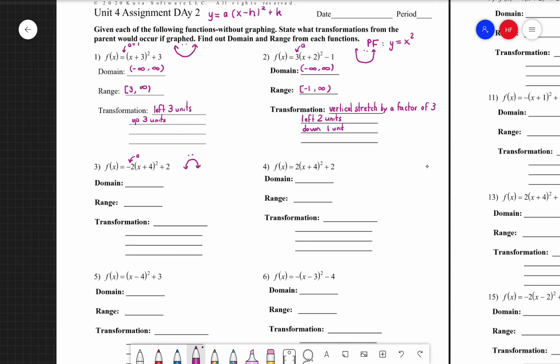The negative is going to flip that upside down. So we have a reflection across the x-axis. Then we have the 2, which is a whole number, so it is going to be a vertical stretch by a factor of 2.